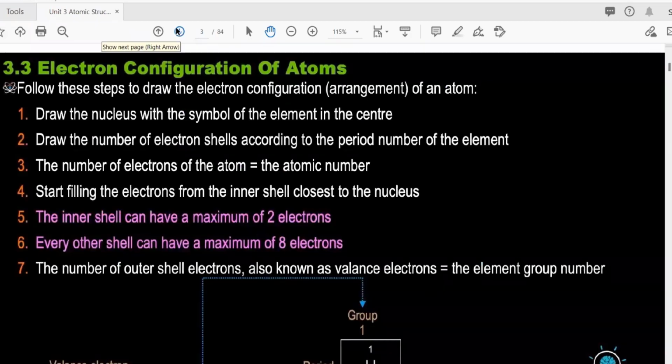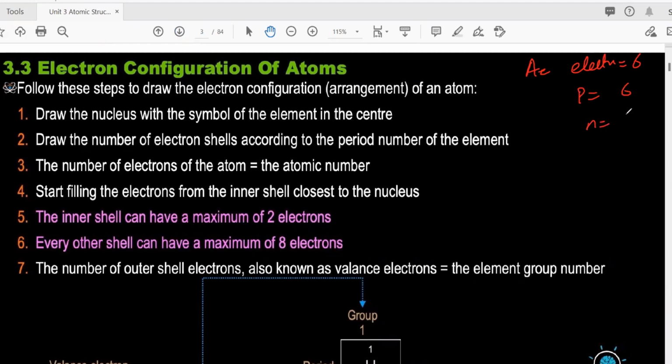Now electronic configuration. What do you mean by electronic configuration? It is really simple. If I say there is an atom A, it has, let's say, 6 electrons. How many protons does it have? If it is an atom, also 6.